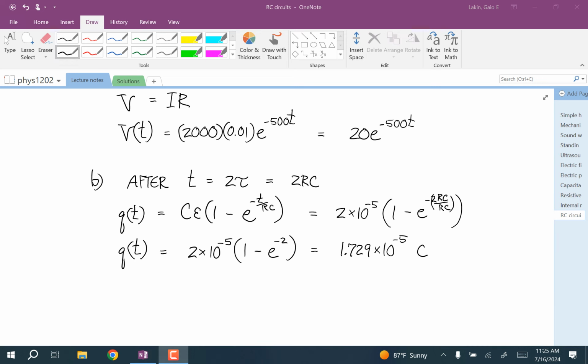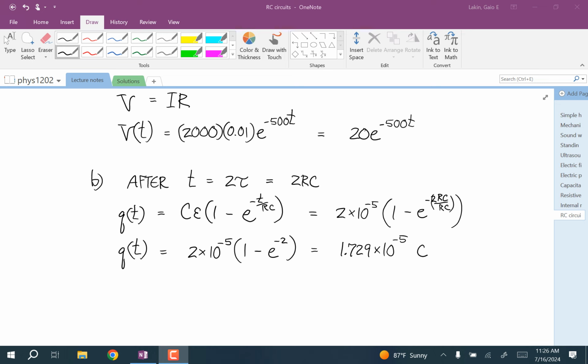Well, the maximum charge that this circuit could develop in the capacitor is C times epsilon, and that would be 2 times 10 to the minus 5th. So you can see how close we got to fully charging this capacitor after 2 time constants go by.